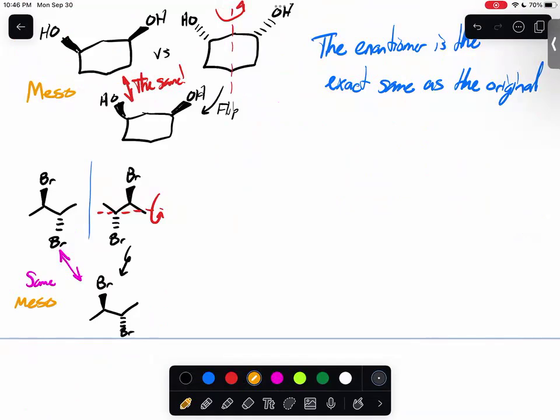These molecules that are both meso are somewhat hard to identify. You kind of have to draw out the mirror image of it to make sure. But there's one thing they have in common, and that is a mirror plane, aka a plane of symmetry.